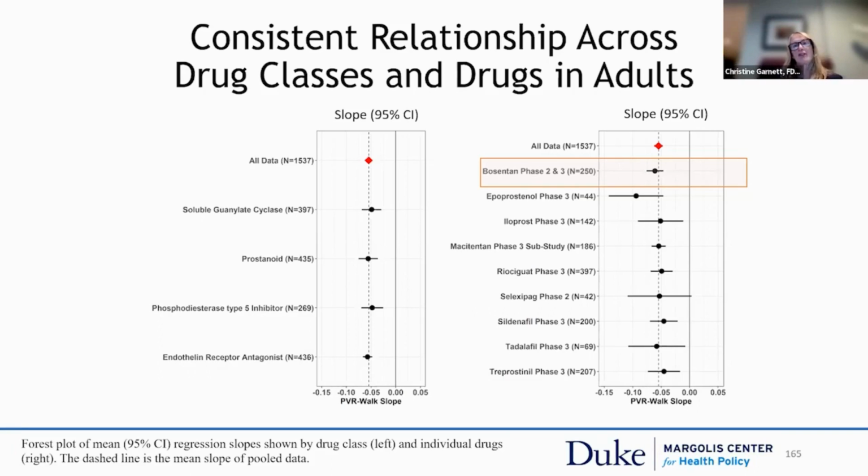And if you look at the plot on the right, this is looking at the same relationship between PVR and 6-minute walk distance for individual drugs. Sometimes this is an individual study, and sometimes these are pooled studies across a couple of trials. And you can see there is also a good consistent relationship, even with Bosentan, which I've highlighted by the red box. We'll look more into Bosentan in the next slide, please.